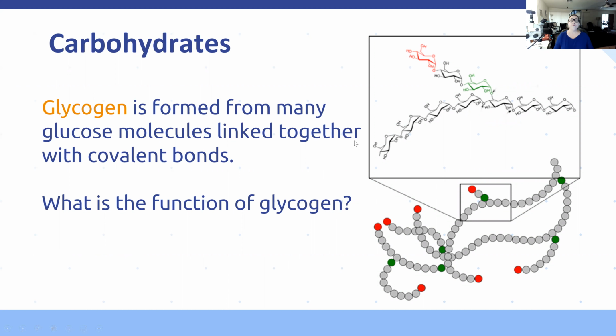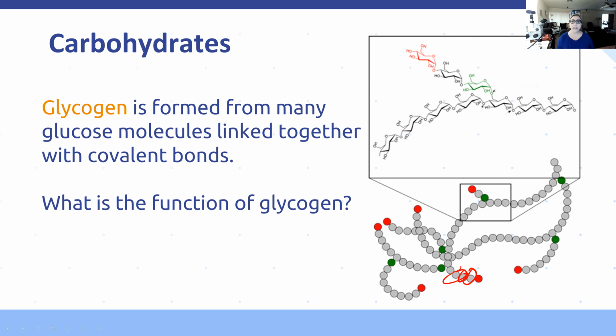Okay, so the first polysaccharide is glycogen. Now, glycogen is formed from many glucose molecules bonded together. Remember, it's a polysaccharide, many units, and glucose is the monosaccharide. So you can see that here. Every little circle is a glucose molecule.